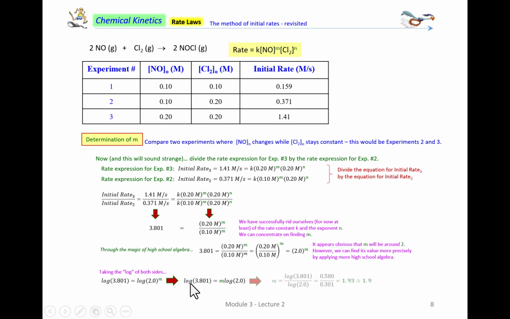So what we have here, when we solve for m, would be equal to the log of 3.801, which is 0.58, divided by the log of 2, which is 0.301. We would get a value of 1.93, or around 1.9, for the value of the exponent m. Well, let's proceed to find the exponent n in a similar way.